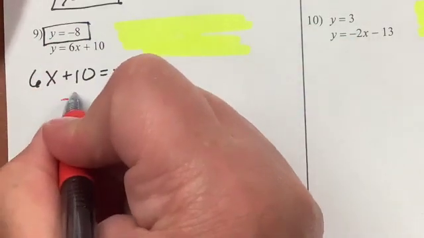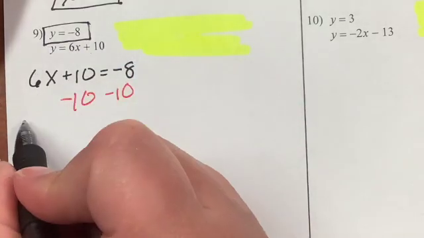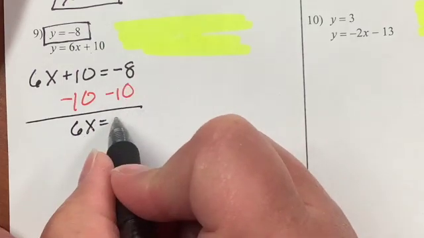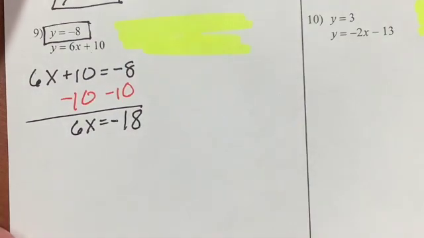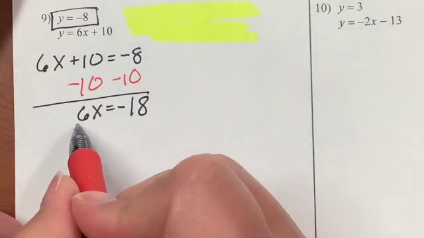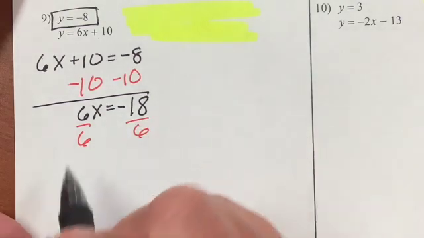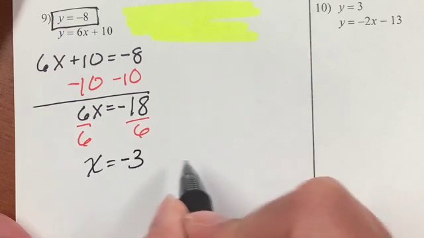Subtract 10 from both sides. 10 minus 10 is 0. 6x equals, the signs are the same, so you add them. They're both negative, so it's negative 18. And then divide both sides by 6. And you get x equals negative 3.